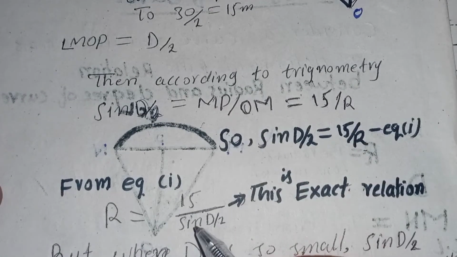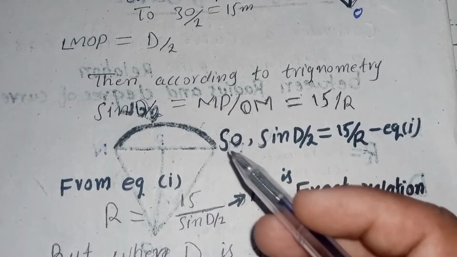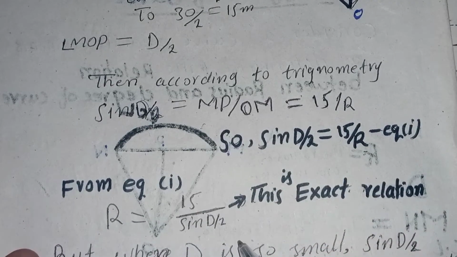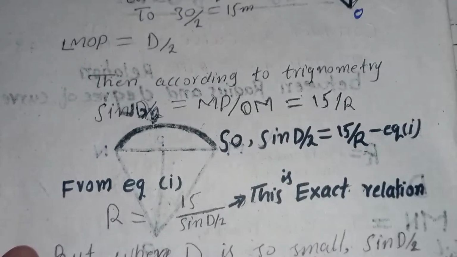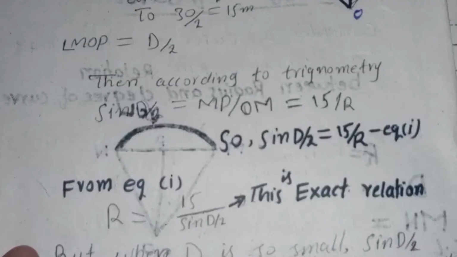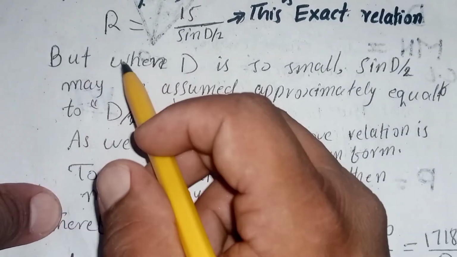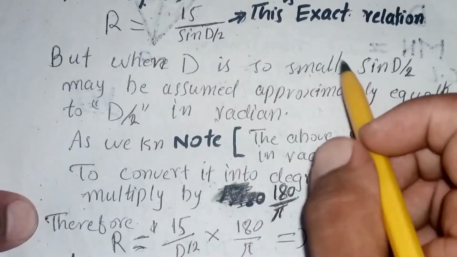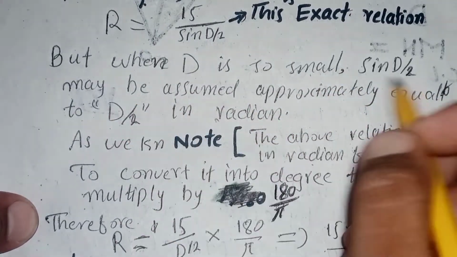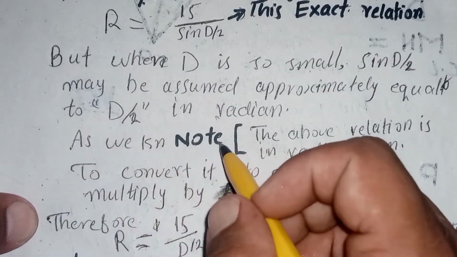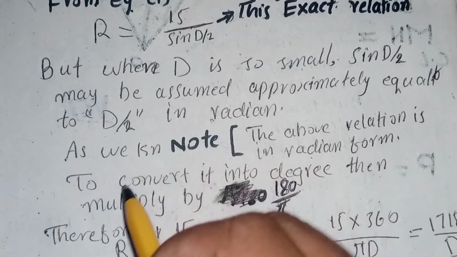For a higher degree curve, higher than 5 degree, we use this exact relation. But up to a 5 degree curve, a simple relation can be used. Where D is so small, sine D by 2 may be assumed approximately equal to D by 2 in radian.